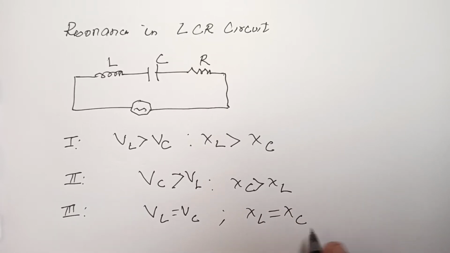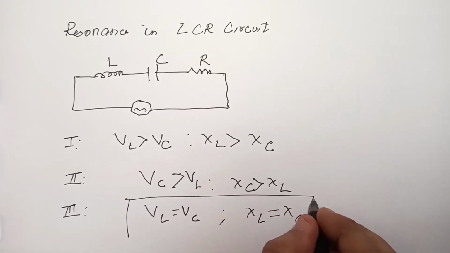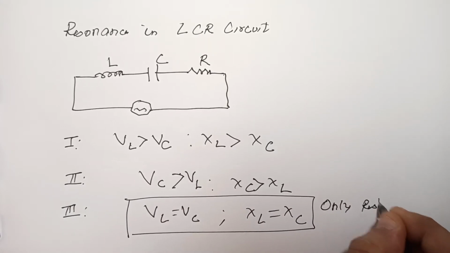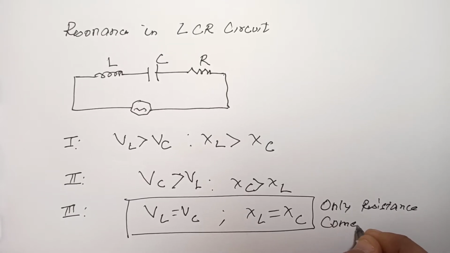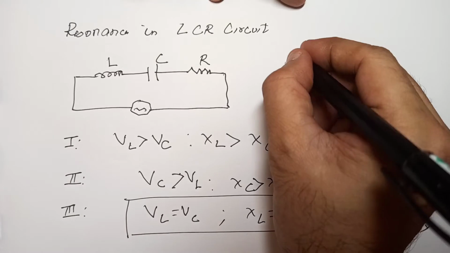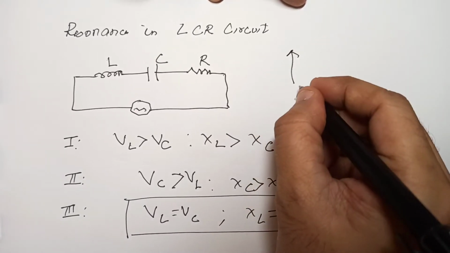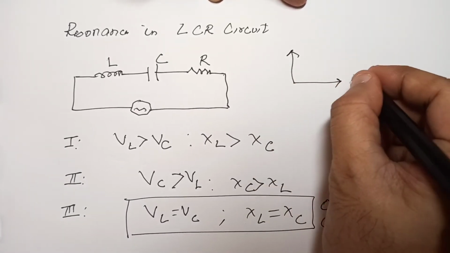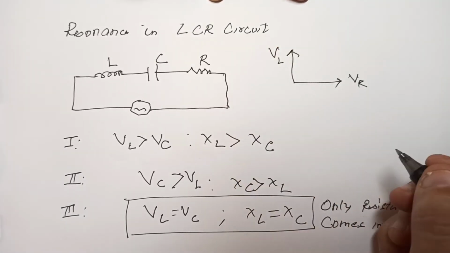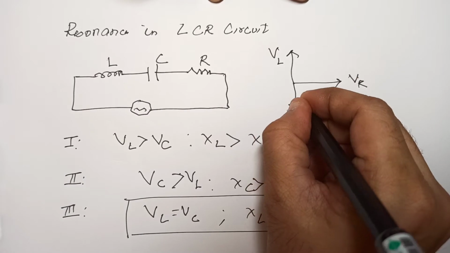So basically here what happens is only resistance comes into play. Now if I draw the phasor diagram, everyone knows the phasor diagram is like this, and this is VR, this is VL, correct, and this is VC.